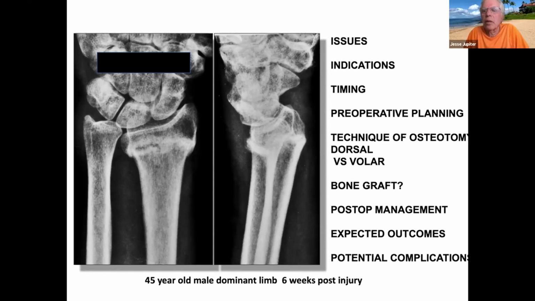Okay. Chuck, any thoughts? I agree, but I would make the point, if you look in the lateral, the shaft of the radius is sitting almost at the articular surface, right? So it's excavated. There's not much distal bone. So I think you have to keep that in mind when you're deciding which approach, dorsal or volar, and how you're going to fix it, because you're going to have a small distal segment to work with.